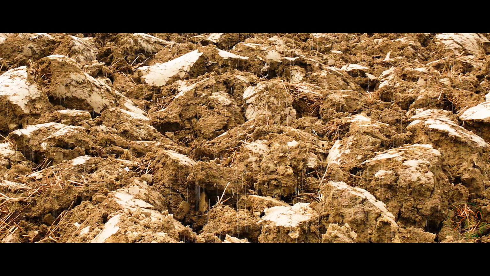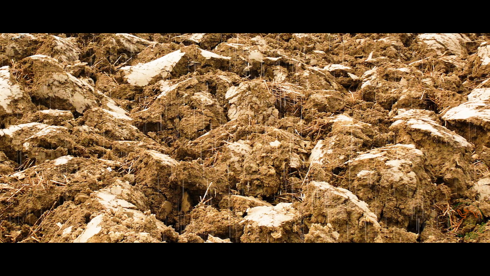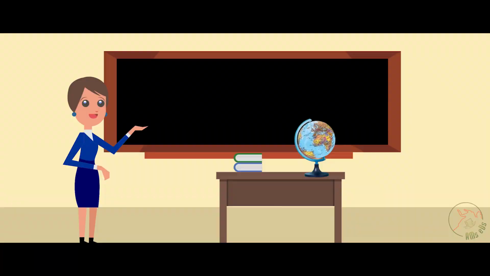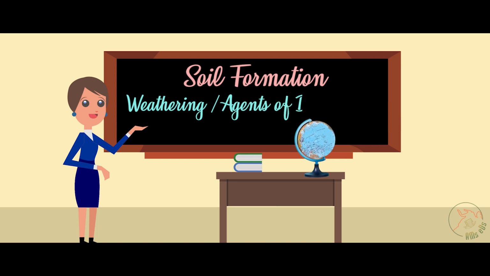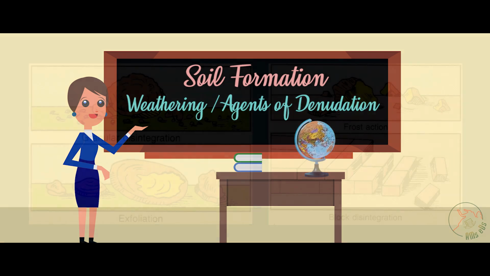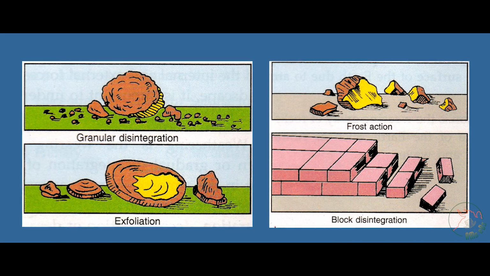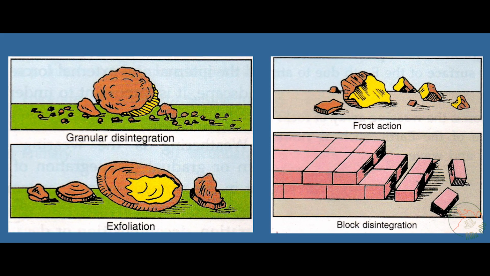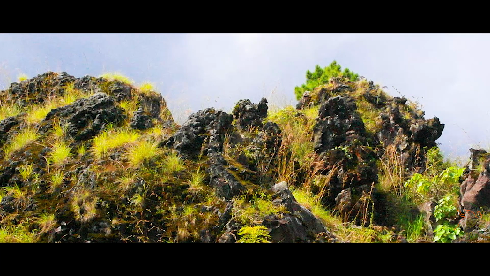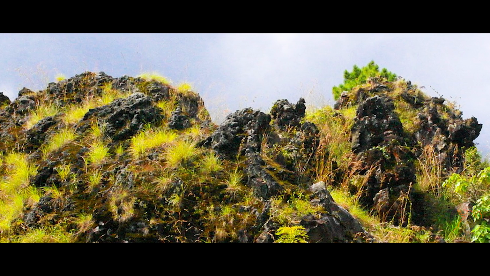Then, how is this soil formed? That's what we are going to check through next. When we discuss soil formation, I hope that you can recall what you had learnt about weathering and agents of denudation in the 9th standard, because those are the basic factors for the formation of the different types of soils that we find on the Earth's surface.